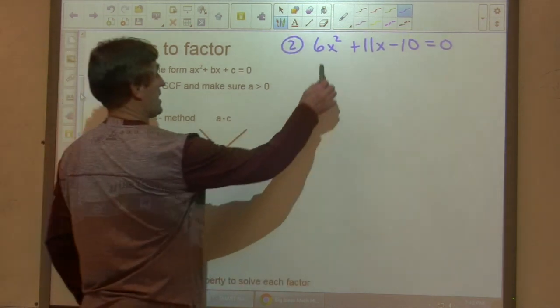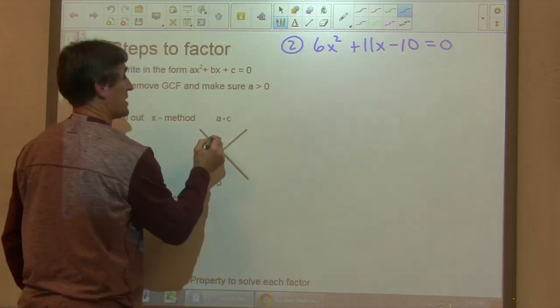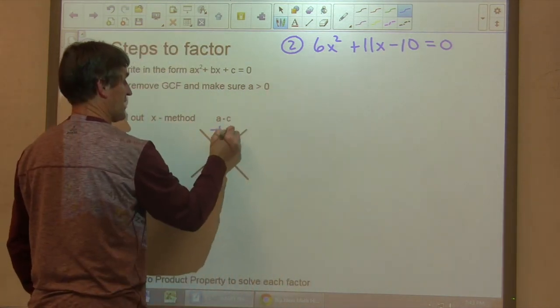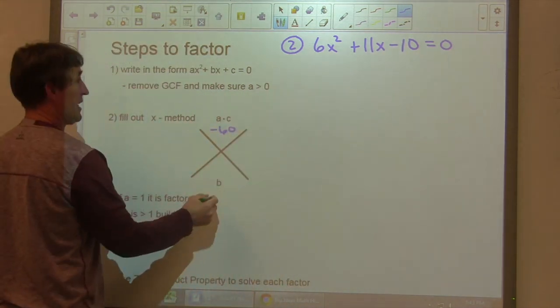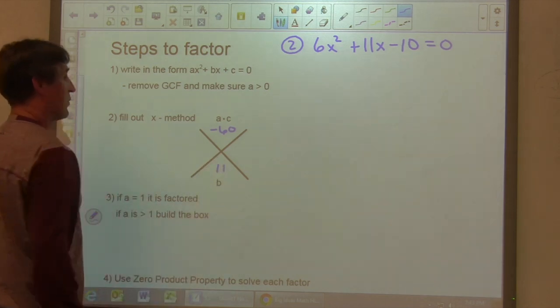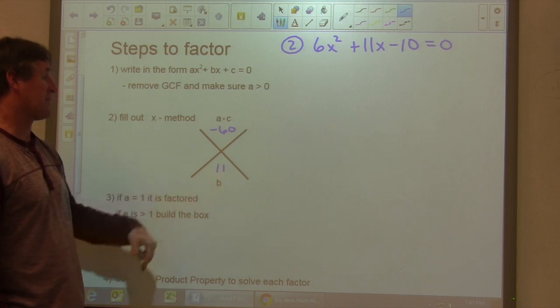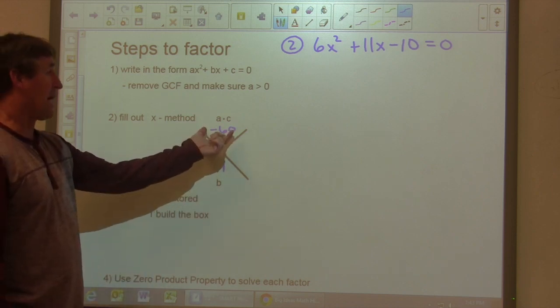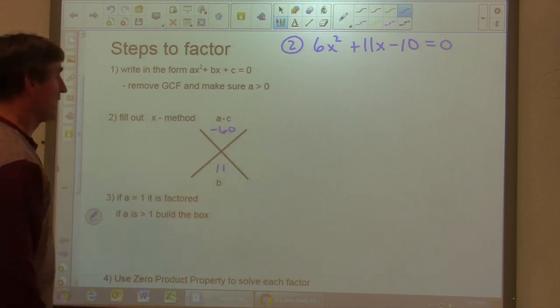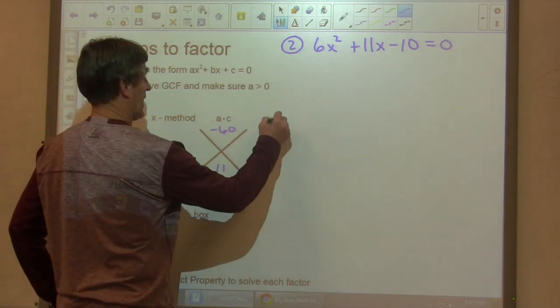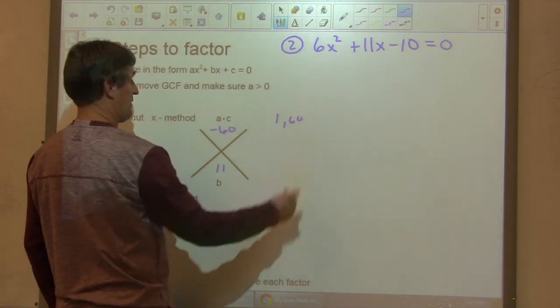So A times C, 6 times negative 10 is negative 60. And B is 11. So we need the numbers that multiply together to give us negative 60 and add up to give us 11. So again, they're opposites, so one's positive and one's negative. I could go 1 and 60, that would be 59.